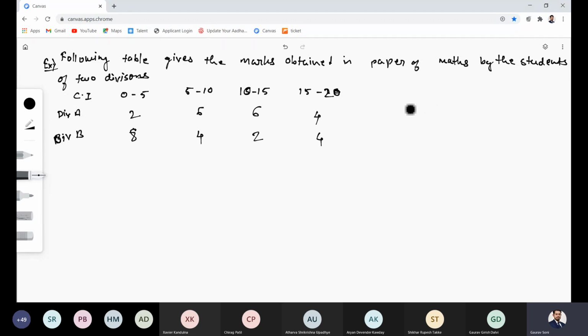So which division shows greater variability? Please do it.